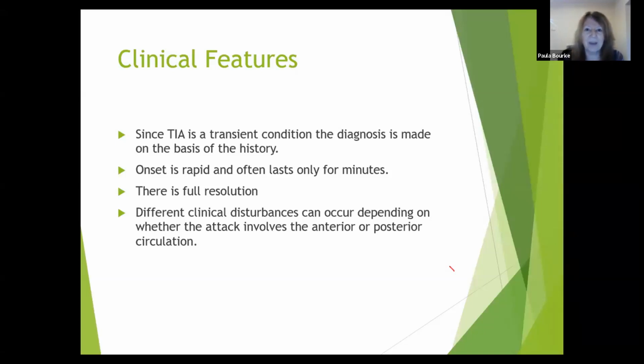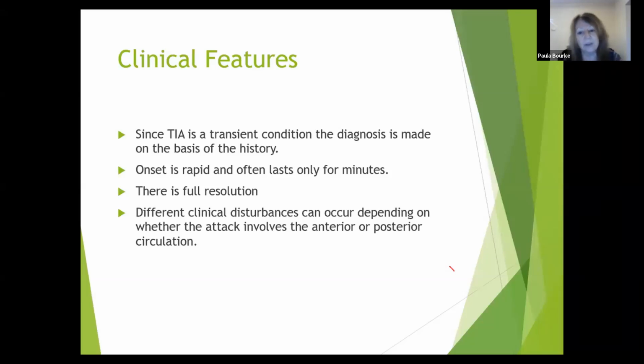The problem with that is that TIAs are a warning shot that there could be a stroke happening in the future. And many people go home and think they've had a TIA, and it makes them very frightened, because they're thinking, I could have a stroke any minute now, or in the next week, or in the next month. And it can destroy lives. It is not a throwaway diagnosis.